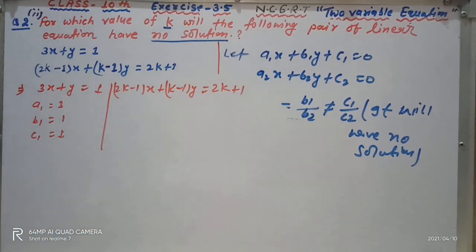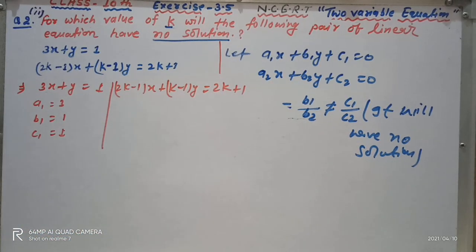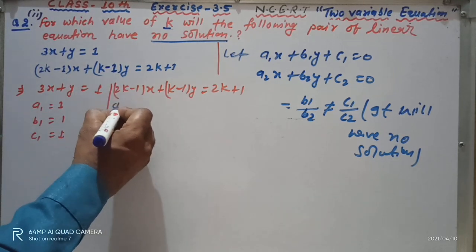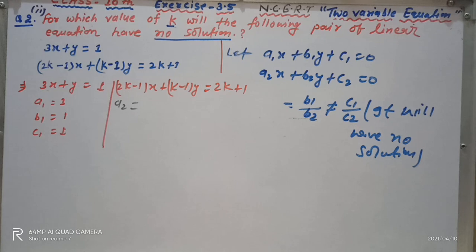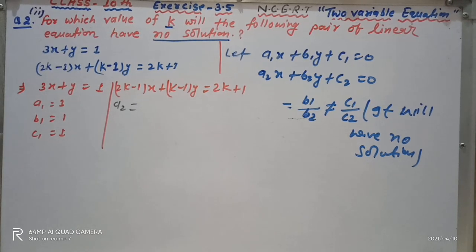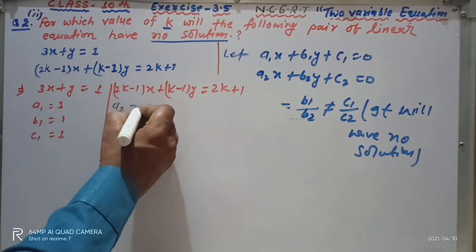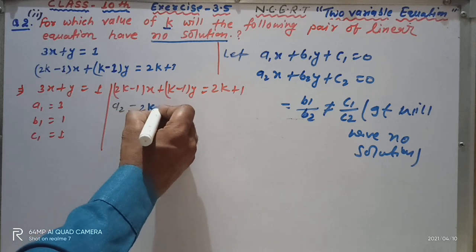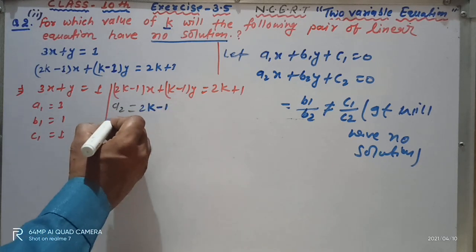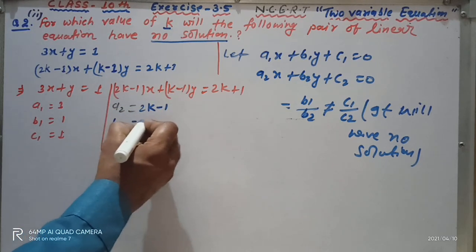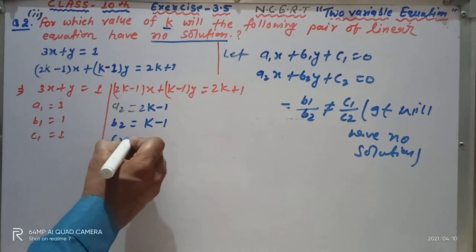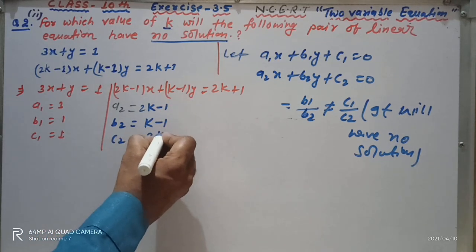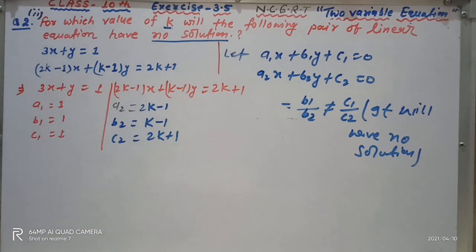So here a2 is 2k minus 1, b2 is k minus 1, and c2 is 2k plus 1. This is all that is given.